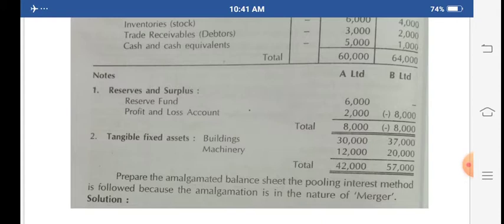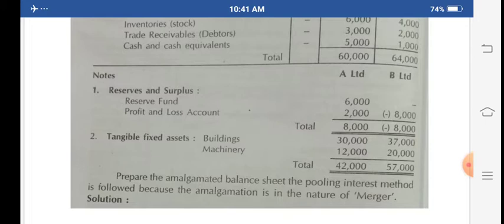For that purpose, first of all we have to calculate the purchase consideration. Here the lump sum method is not given, so we have to use the net asset method. You know how to calculate the purchase consideration under the net assets method: total assets minus outside liabilities.